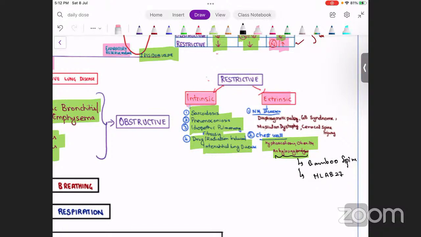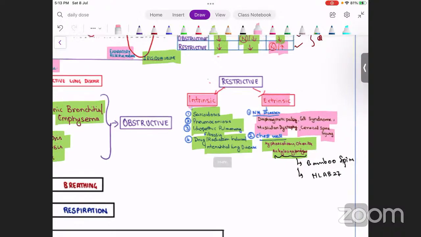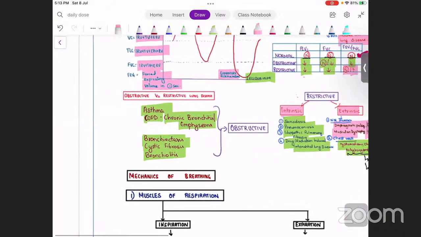Apart from that, you may also see the restrictive lung disease pattern in neuromuscular diseases such as diaphragmatic palsy, Guillain-Barré, muscular dystrophy, and cervical spine injury, which can contribute to a restrictive pattern of your lung diseases. Okay, so this is all about the obstructive and restrictive lung disease.